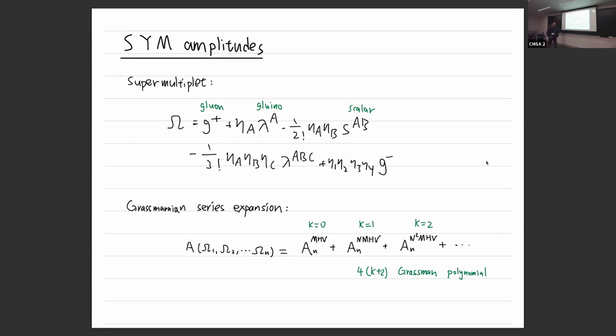Here k is the index of the amplitude. If we want to extract a particular scattering configuration, we just take the coefficient of the particular monomial. For example, eta_1^4 eta_2^4 describes the scattering of gluons with 2 negative helicity and the remaining positive.